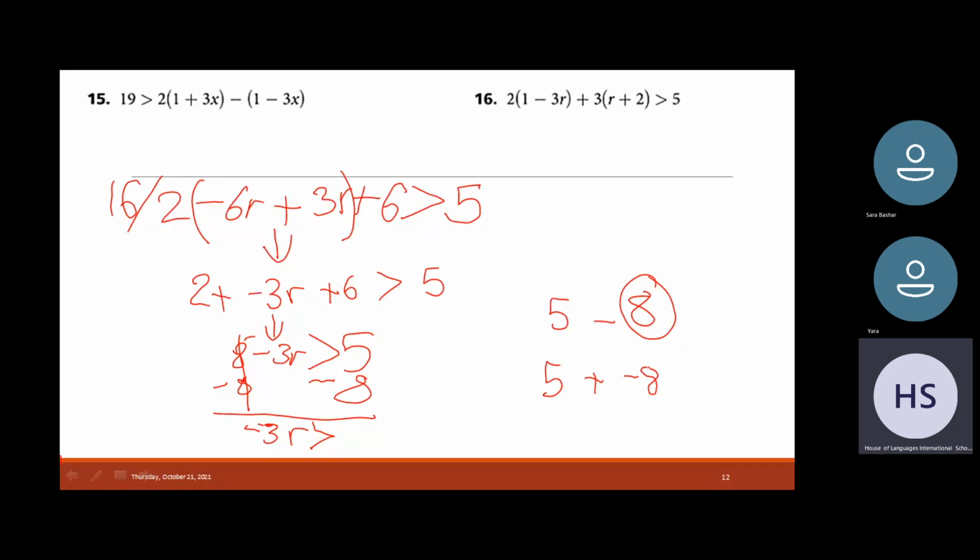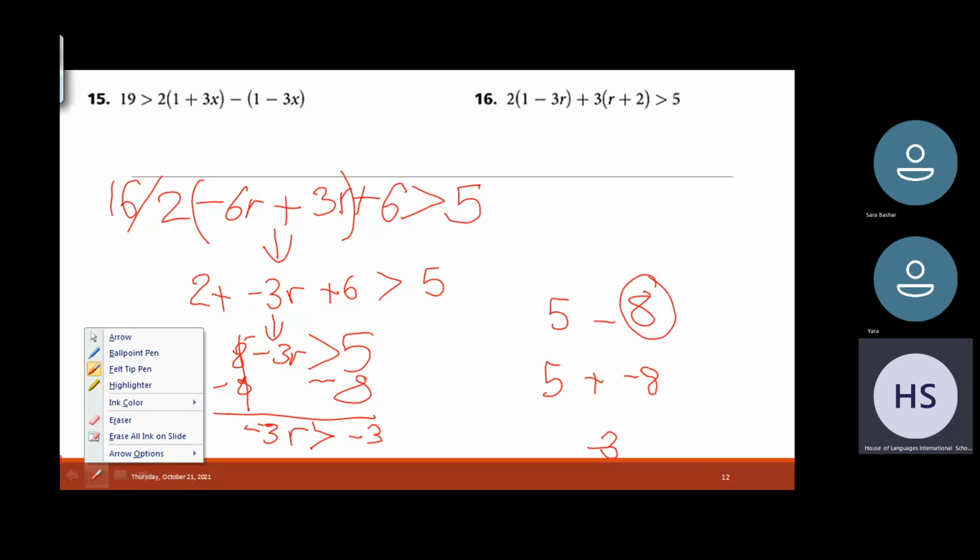So 8 minus 5 is 3. And what is the sign of the greater number? Negative. So it will be negative. Yeah, continue. Change it to minus 5.